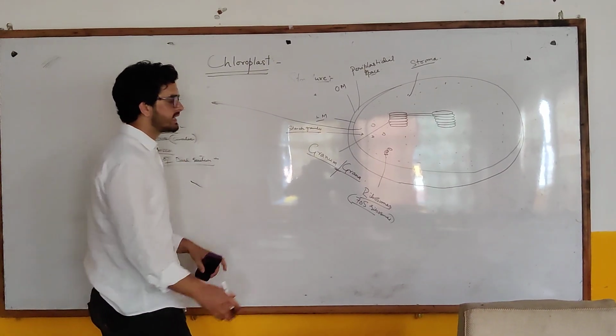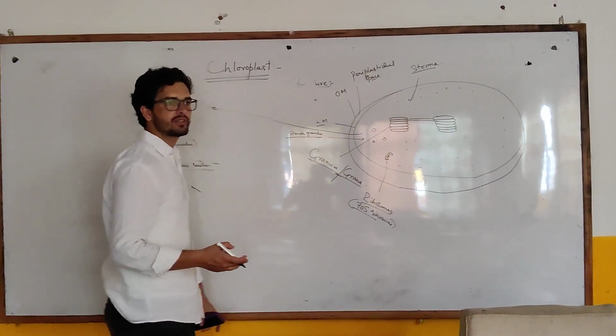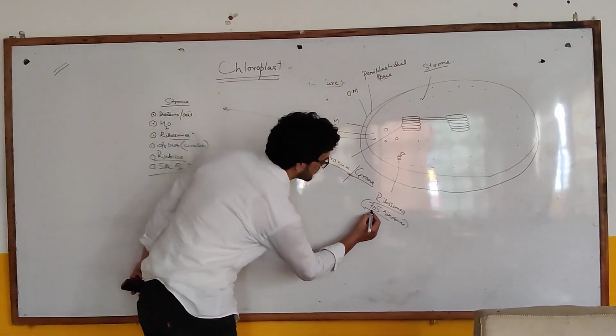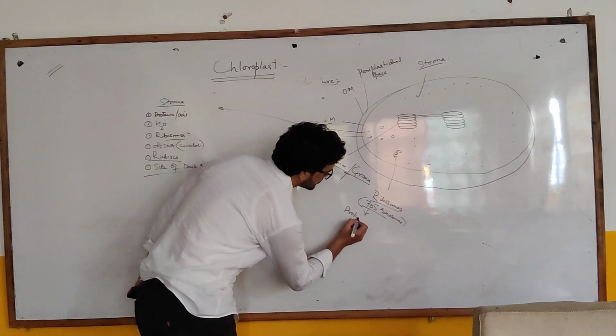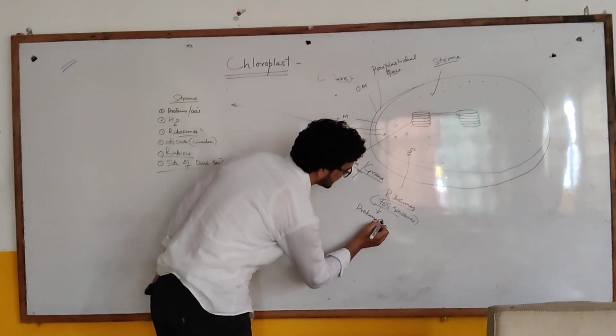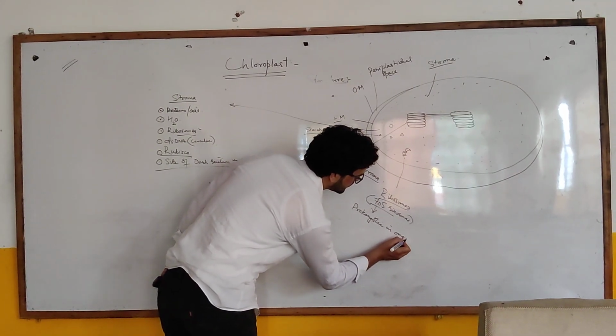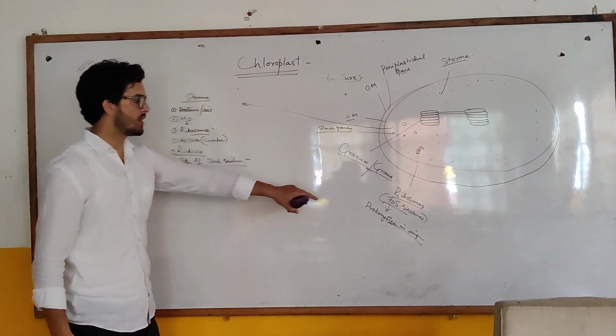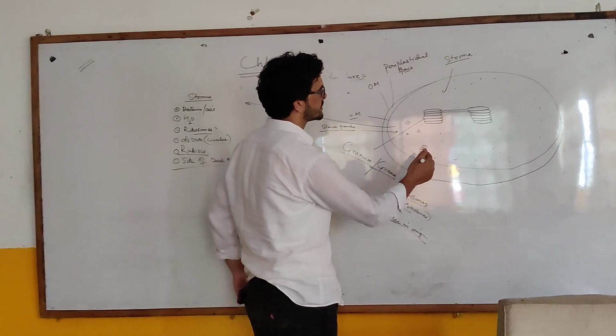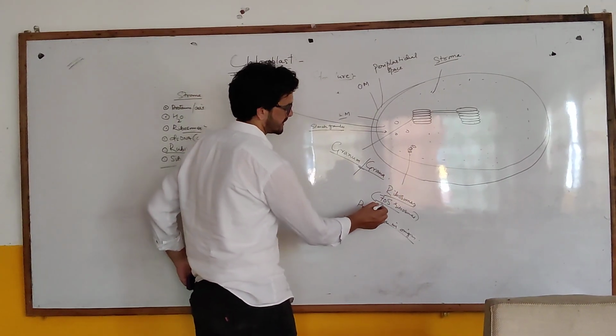As it is believed that this chloroplast originated from the prokaryotes, it shows the presence of 70S ribosomes, prokaryotic in origin, which we will study in detail, how chloroplast originates.